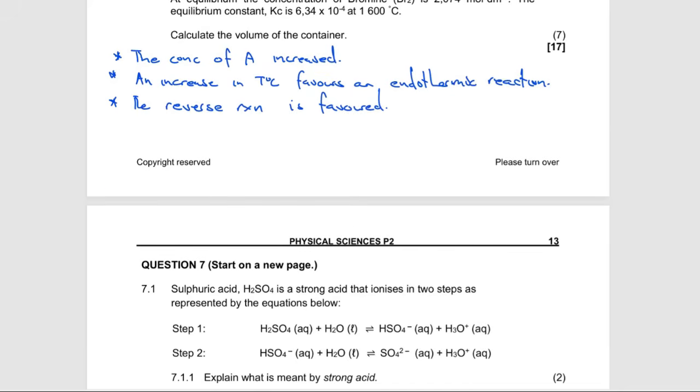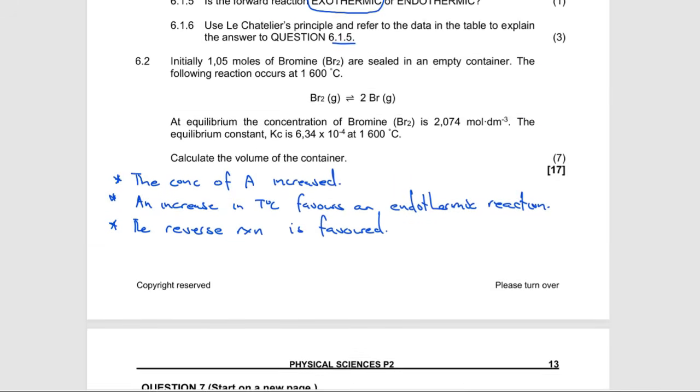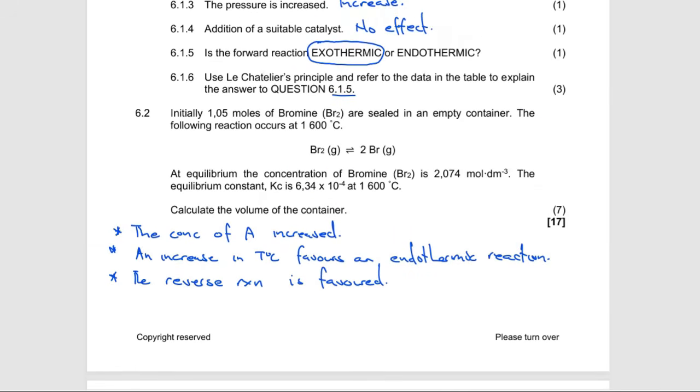So now moving on to question 6.2. Question 6.2 says, initially 1,5 moles of bromine gas, which is Br2, are sealed in an empty container.